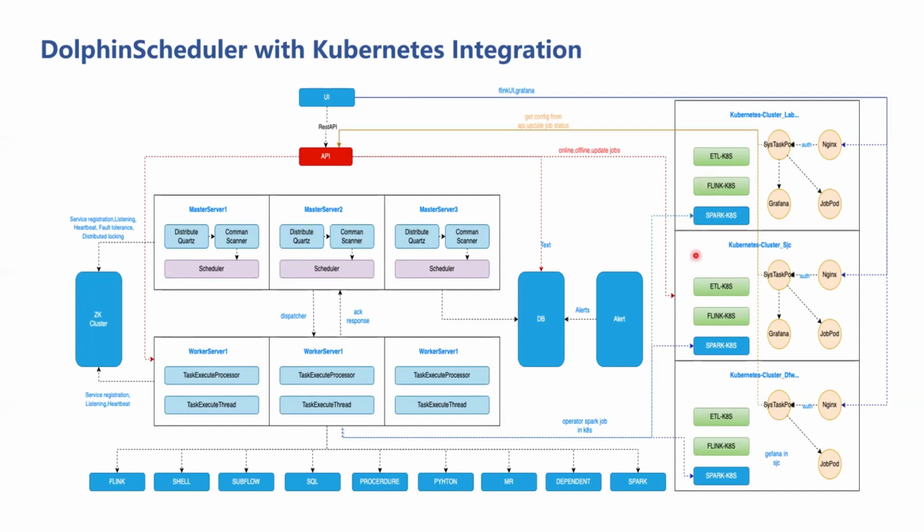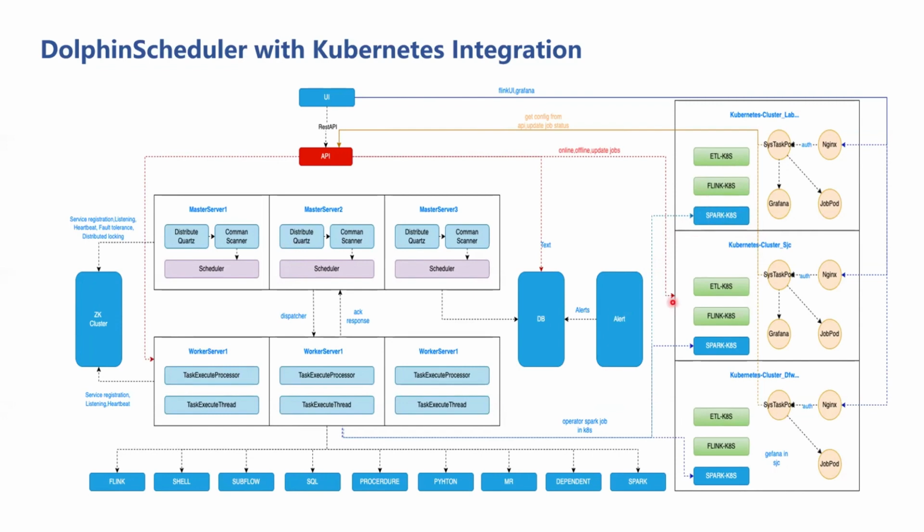So if your company has existing Kubernetes clusters, you can run a lot of jobs with different versions. The benefit of Spark and Flink here is that you can support different versions in one cluster, and it's resource independent.